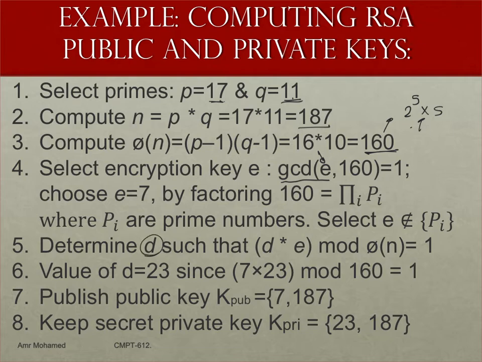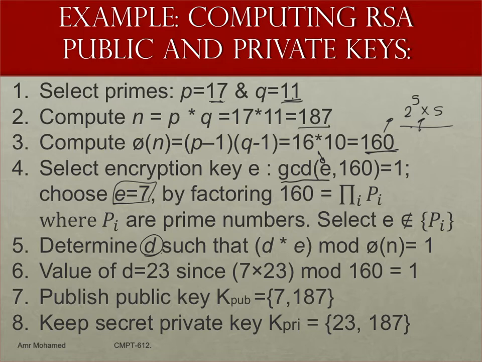So we need to determine D, which is the multiplicative inverse of E with respect to the totient of N. Assuming that E is 7, where 7, of course, is coprime with 160 because it's not 2 and it's not 5. So it's easily coprime.